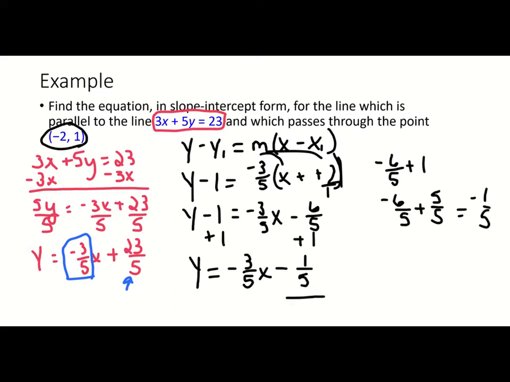So this is the equation of the line that is parallel to 3x plus 5y equals 23. Again, parallel lines have the same slope. If you notice, both equations have the same slope, but different y-intercepts.